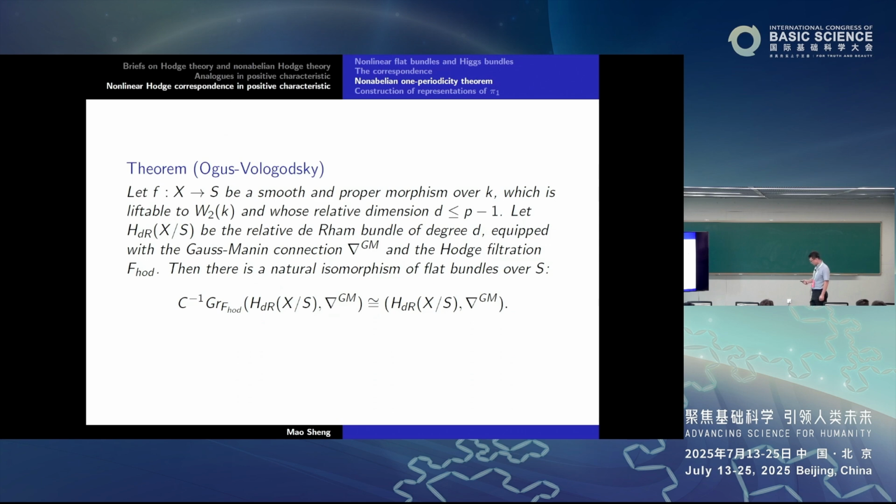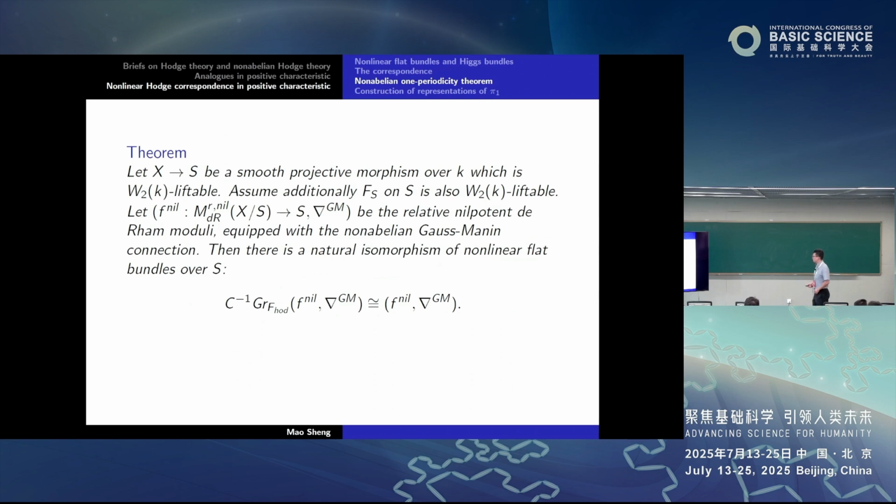Then we can cook up a non-abelian analog of this. But here I can only do it for the local setting because there is some assumption about the image of the Higgs field, like mentioned before.